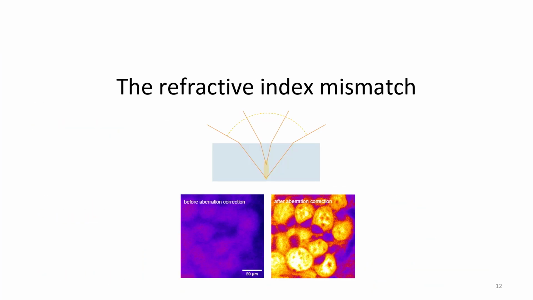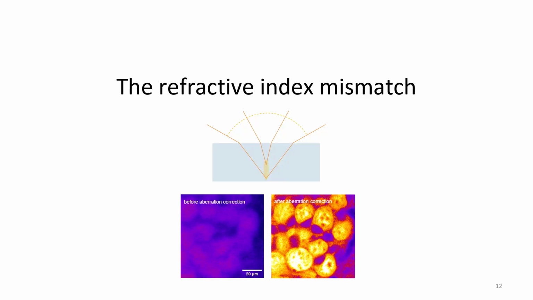Right, so I want to spend 5 minutes on the refractive index mismatch because probably everybody who has ever used a microscope has actually faced or seen the effect of this spherical aberration. It can be pretty drastic. What you see here on the bottom is an optically cleared mouse cochlea.